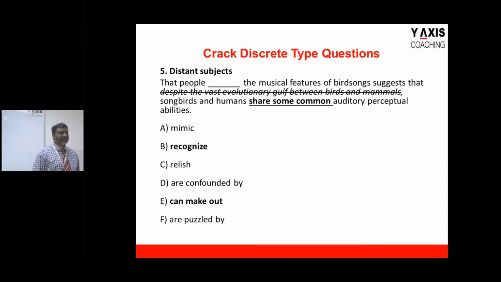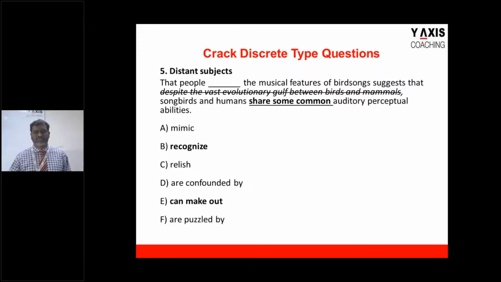And then sometimes the subject of the sentence and the clue can be divided with a lot of non-essential information. For example, despite the vast evolutionary gulf between birds and mammals, that is good to know information, but it's not really crucial in solving the question.